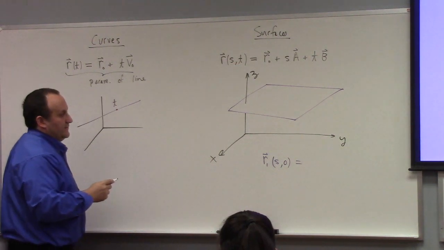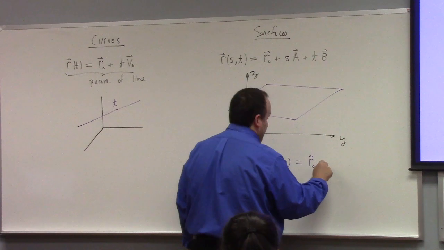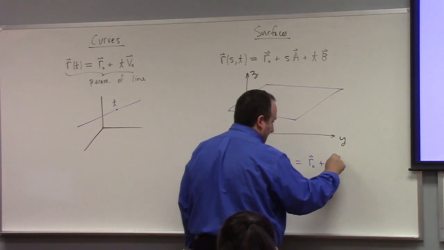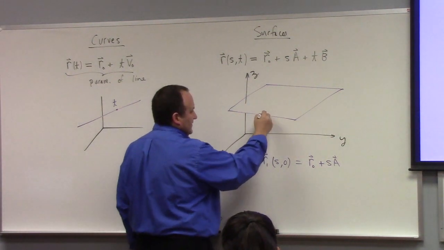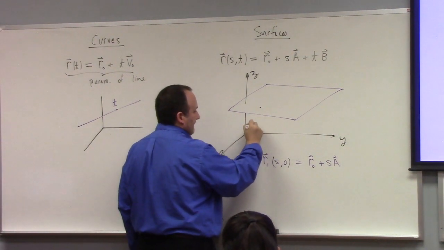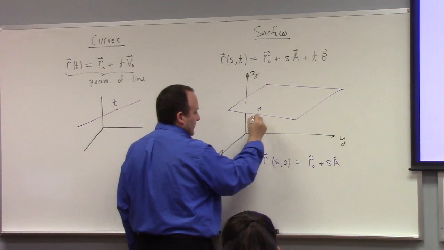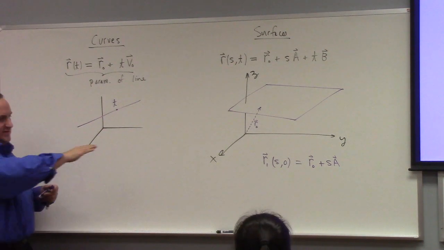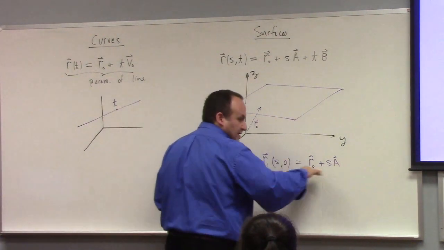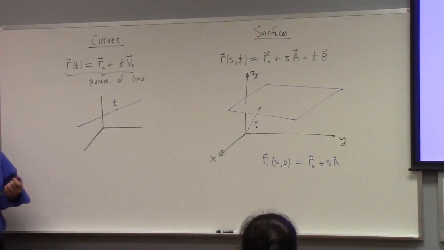R1 of s comma 0 would be like R0 plus sA, right? If this is R0, the base point, if you will, of the parameterization, then what is this right here? This is the equation of a line, right?